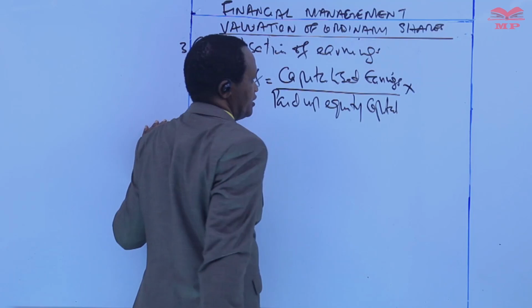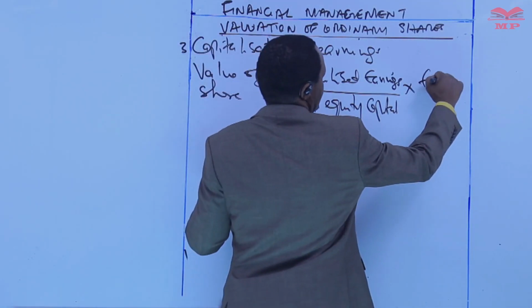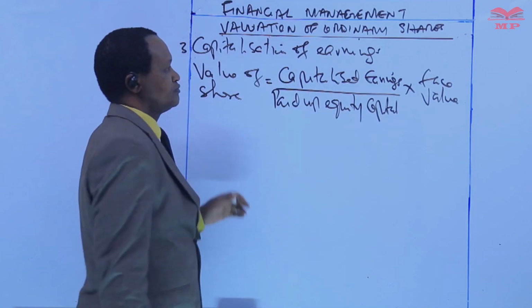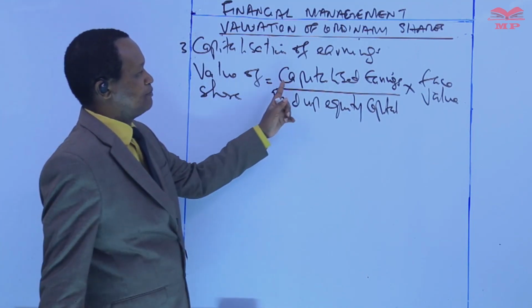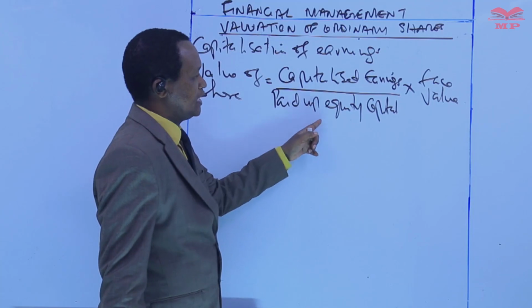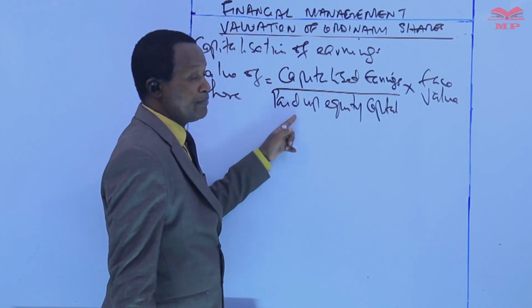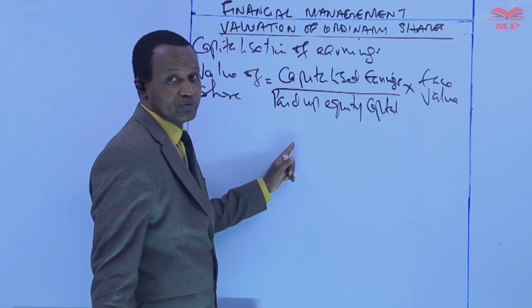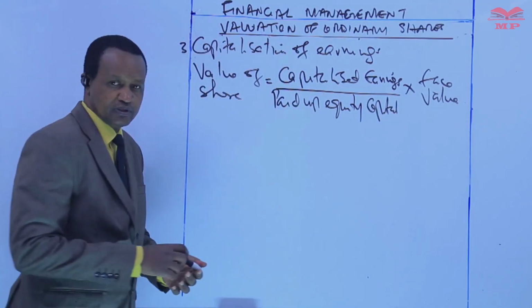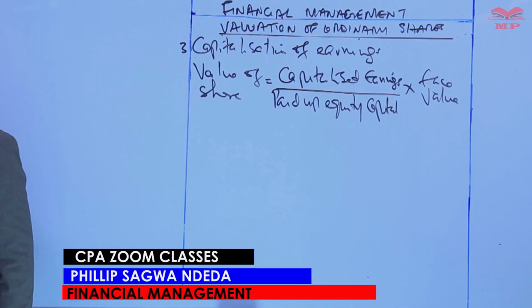Then we multiply by the face value of the share. Capitalized earnings divided by paid up equity capital, then multiplied by the face value. Do you have an illustration? Yes.